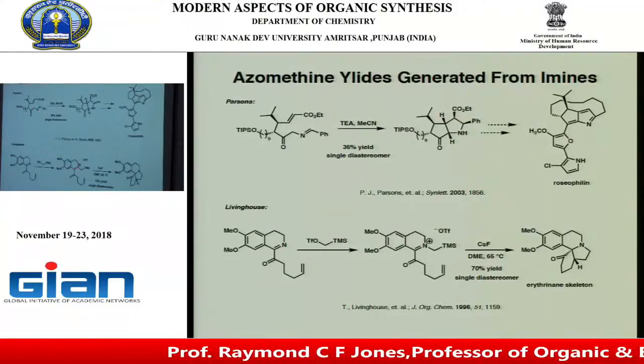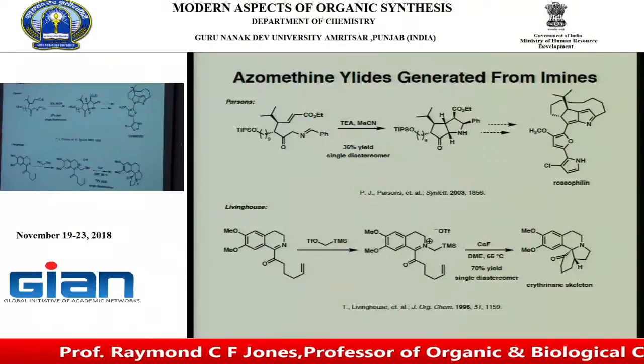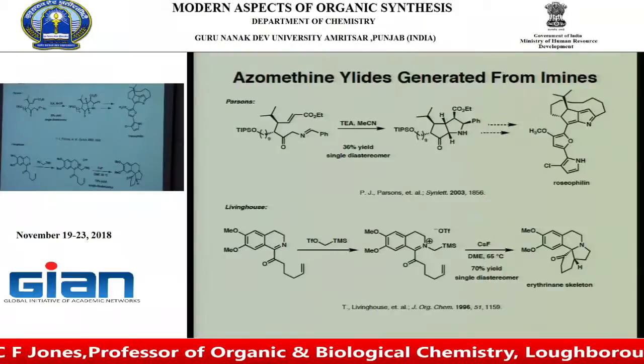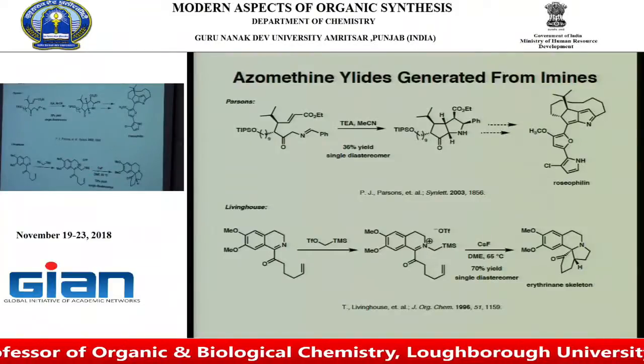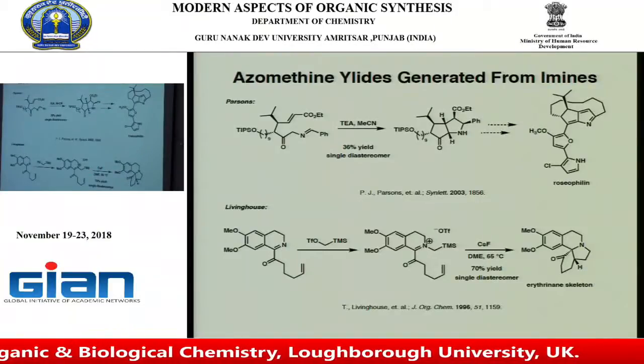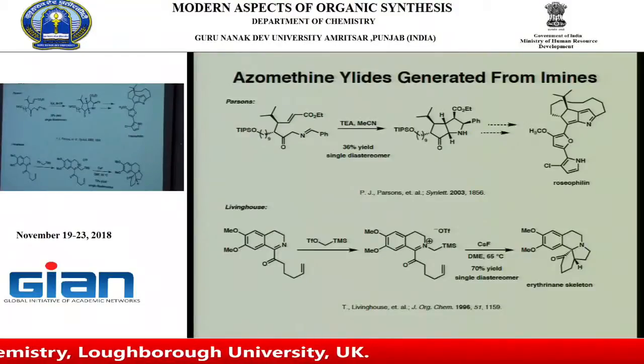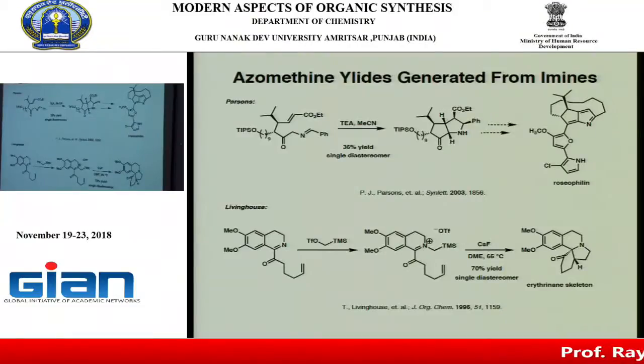And this is alkylating the imine and then not deprotonating, but desilylating to make the formal negative end of the dipole. So you can see there are various possibilities here, so you have to be aware of that when you're either planning or when you're looking at work some other people have done to try and understand how and why it worked.